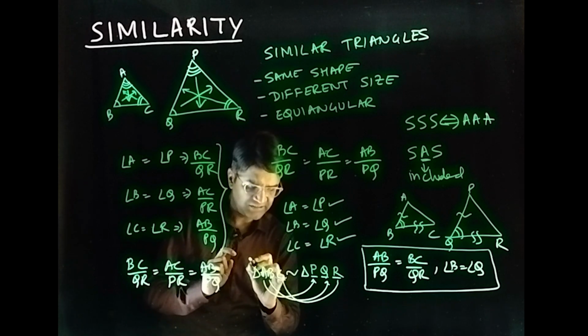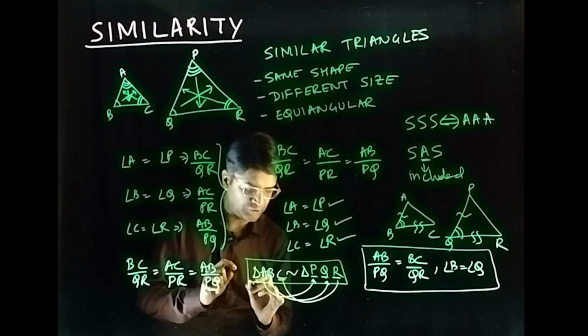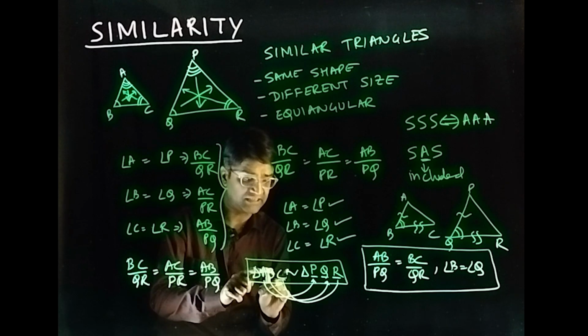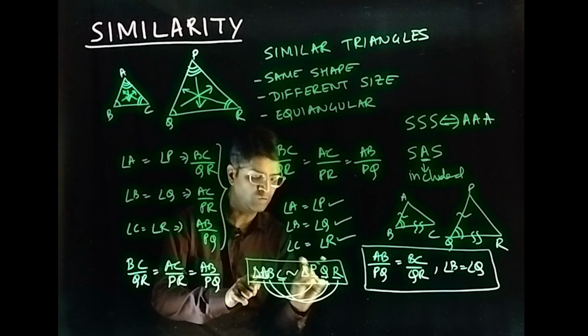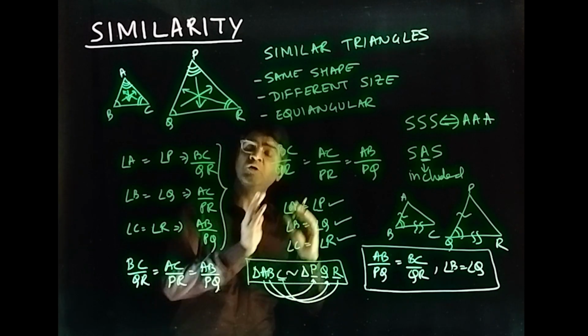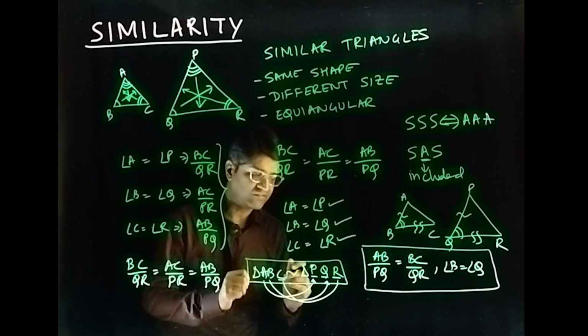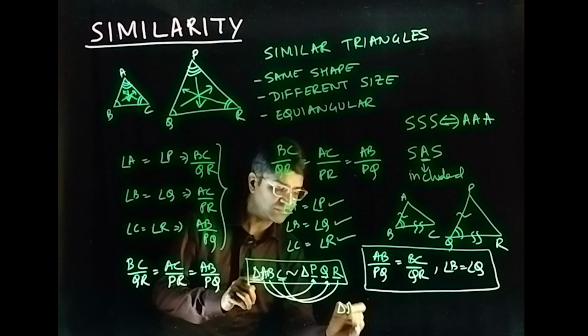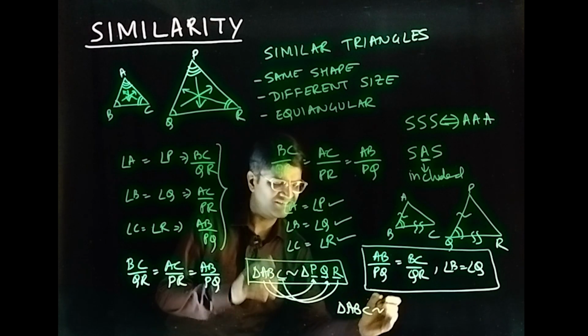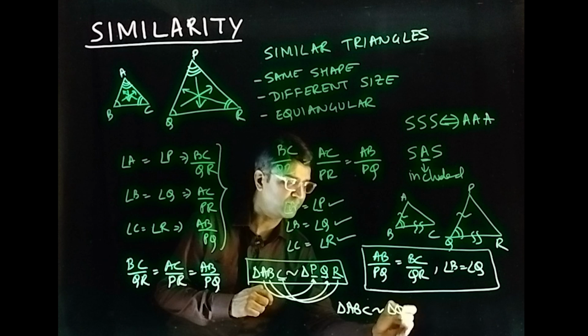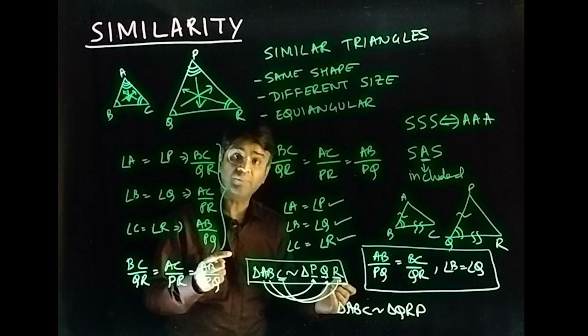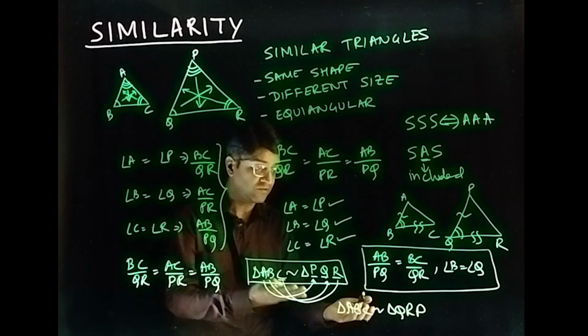This is very important, or else what will happen? Just with the help of this information, you could comfortably conclude that A equals P, B equals Q, C equals R, helping you identify the proportional sides also. But imagine your friend gives you something like triangle ABC similar to, randomly, triangle QRP. What will you infer from this information?